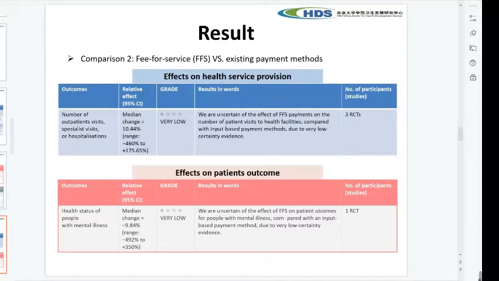Secondly, the studies included in this comparison have a very serious problem of heterogeneity. We can see that the synthesized relative effects have a very broad range. It means there is heterogeneity in the studies included.